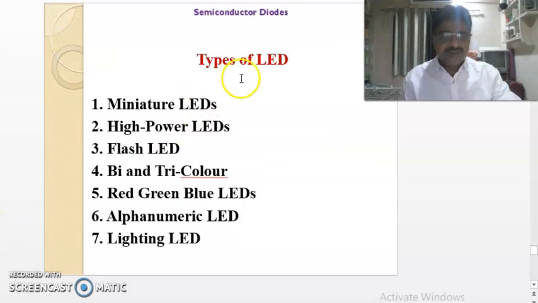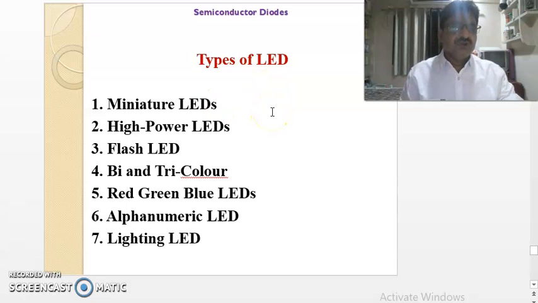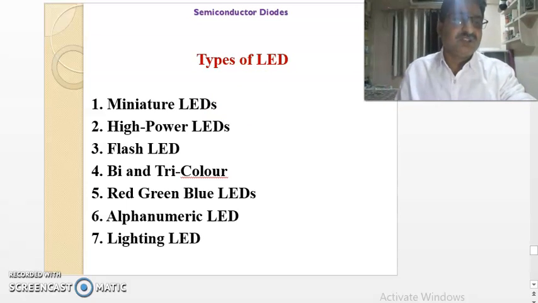Now let's turn towards various types of LED. Some LEDs are listed here. The types are listed here below. Depending upon the requirement, types of LEDs are utilized in different electric circuits.